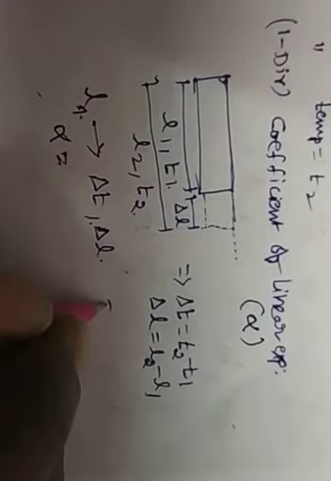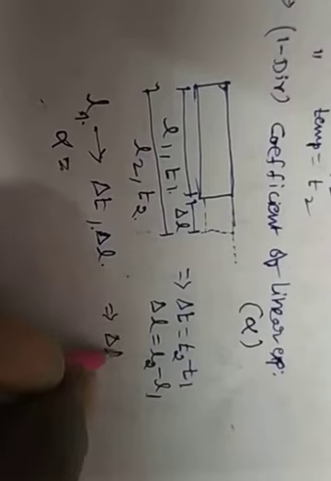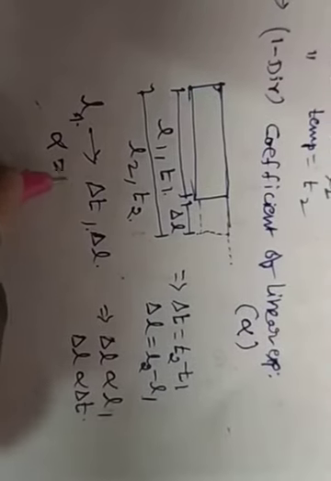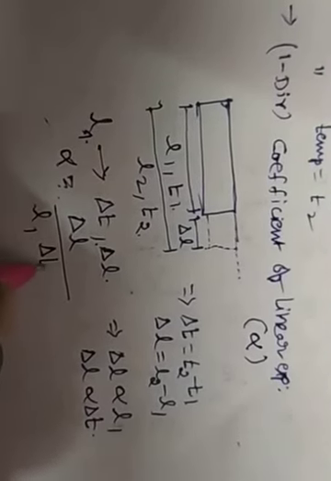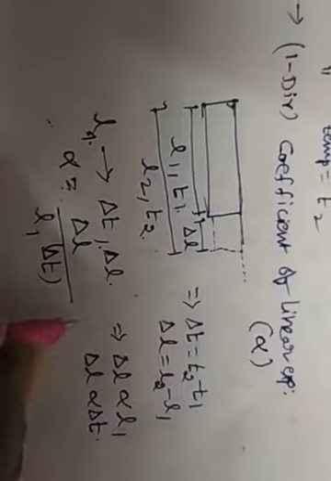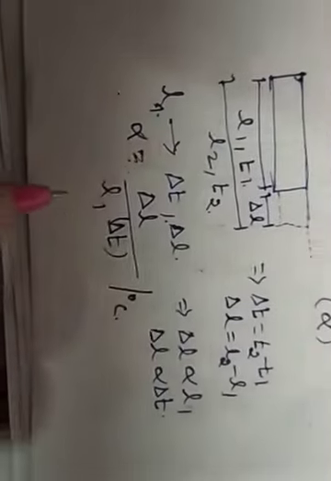So this change in length depends on L1, and this change in length depends on delta T. The coefficient of linear expansion is defined as the ratio of change in length to initial length multiplied with the temperature difference. The unit is per degree Celsius.